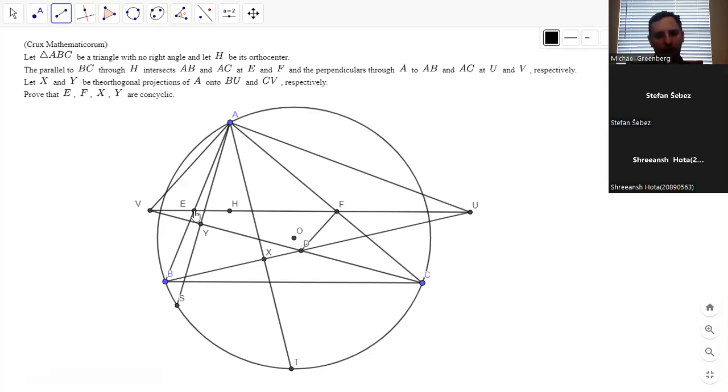So maybe it's easier to define a point B prime like this. I kind of like that a little. Maybe that might be a little easier.